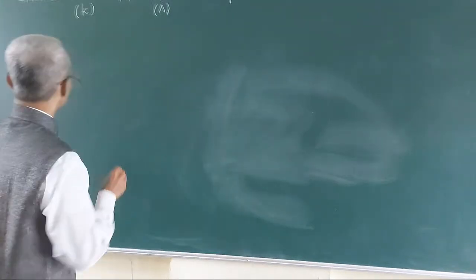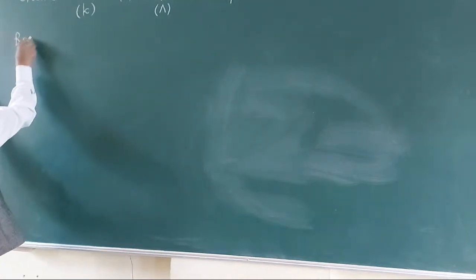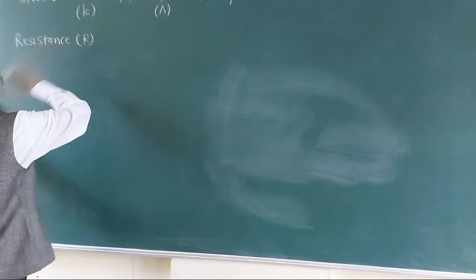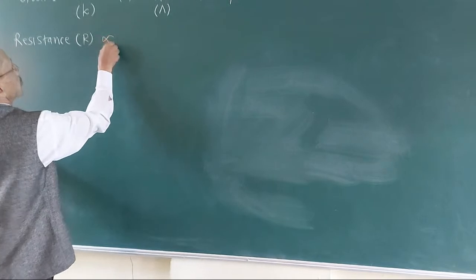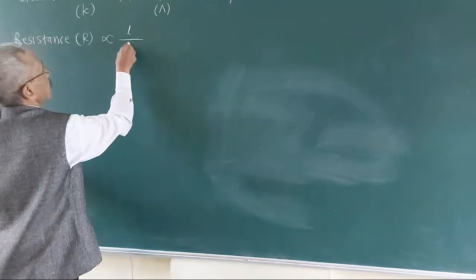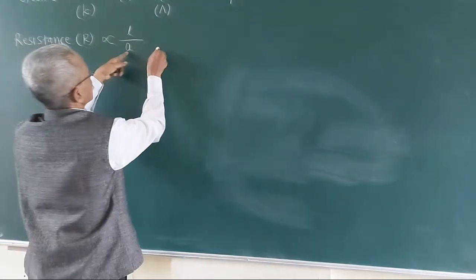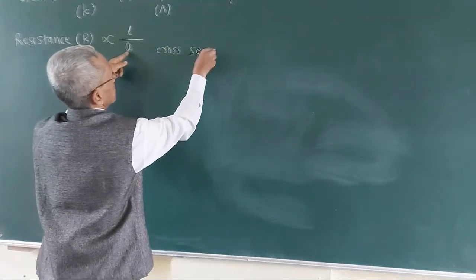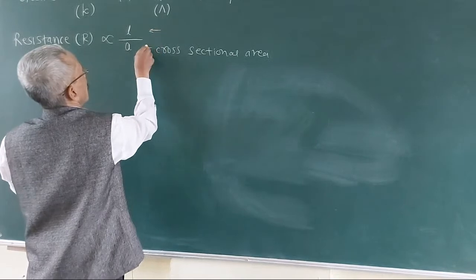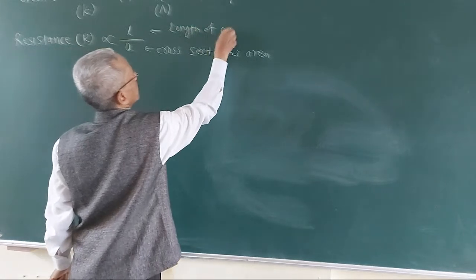Now the resistance denoted by R is directly proportional to the length of that conductor and inversely proportional to the cross-sectional area of the conductor.